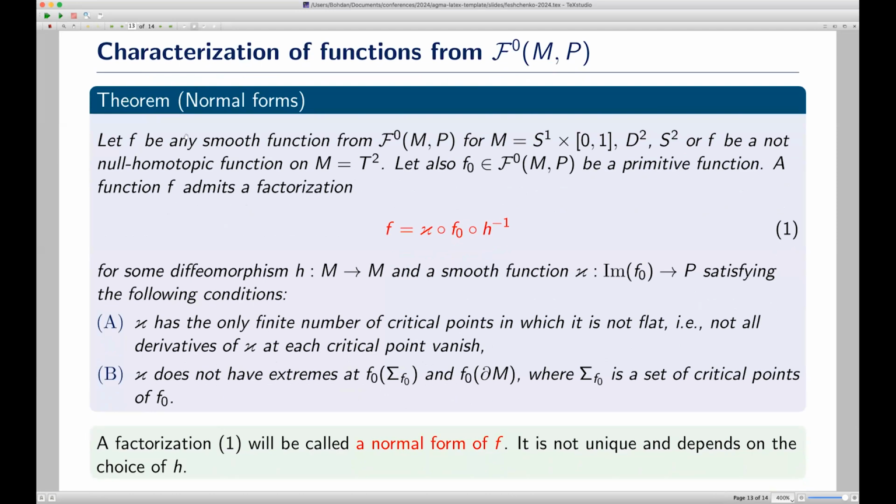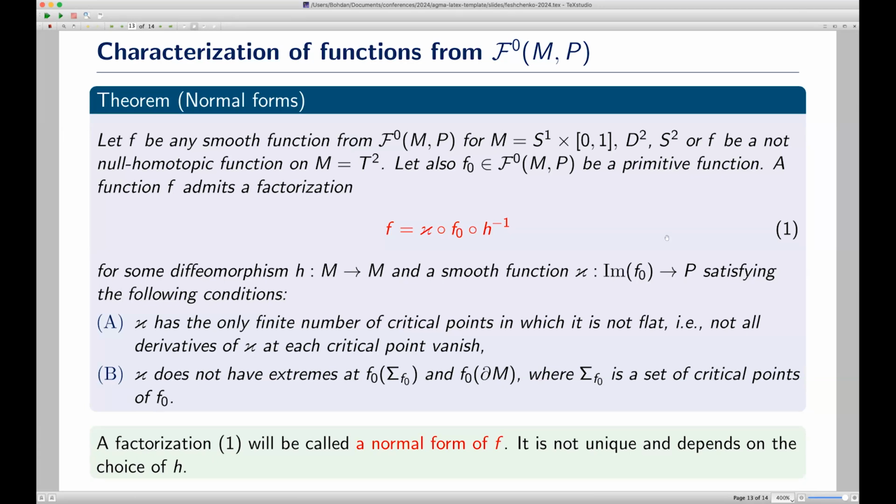For any smooth function f from this class, for the surface a cylinder, a two-disk, or a sphere, or if f is not a null homotopic function on a torus, there exists a factorization f = kappa ∘ f0 ∘ h, where f0 is a primitive function from this class, h is a diffeomorphism, and kappa is a function which satisfies the following conditions. kappa has only a finite number of critical points in which it is not flat, and kappa does not have extremes at these points.